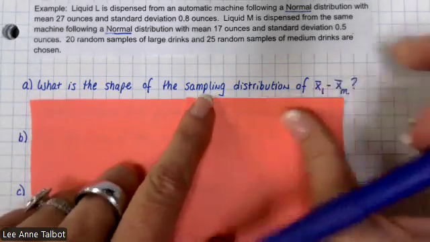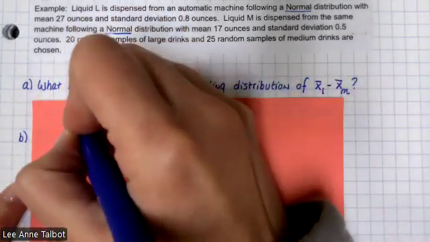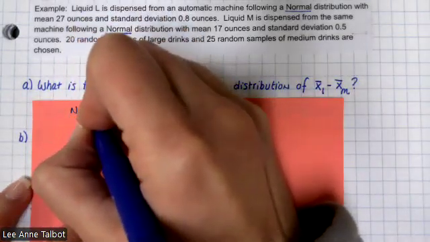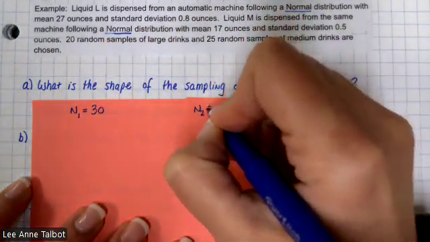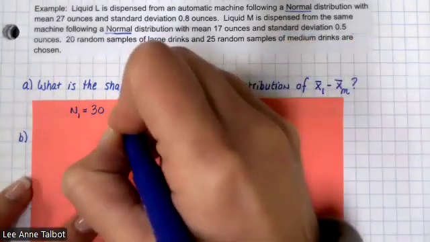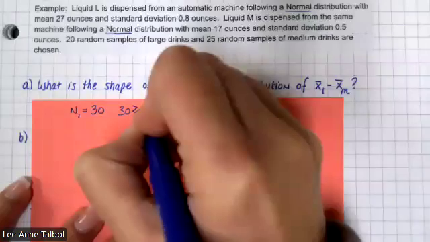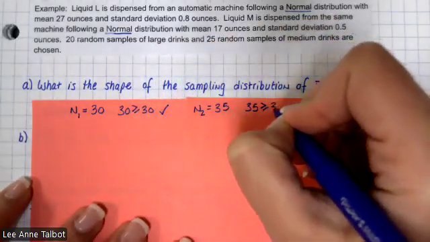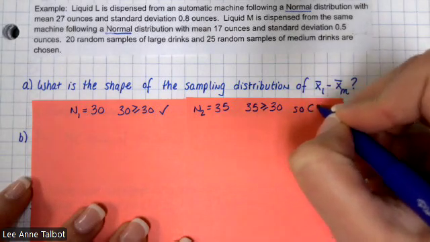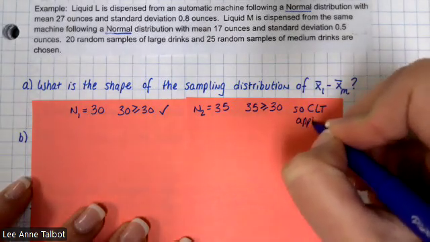You would say n1 equals 30, n2 equals 35. 30 is greater than or equal to 30. 35 is greater than or equal to 30. So CLT applies.